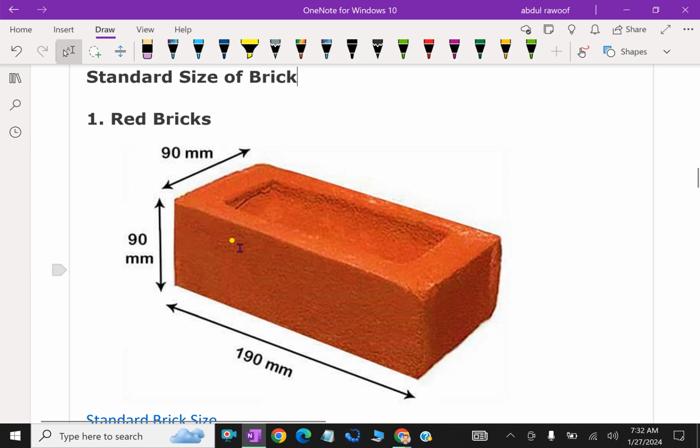Note this point, it's important. Brick size, you can write: 19 into 9 into 9 centimeters.